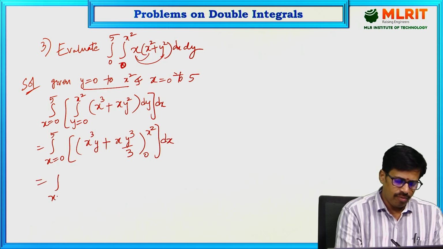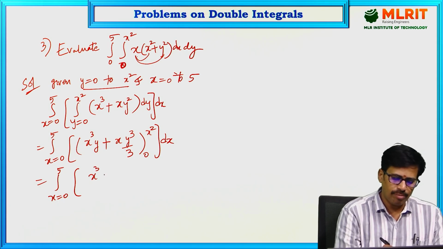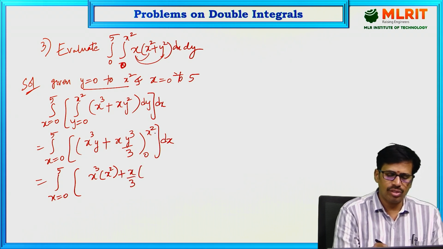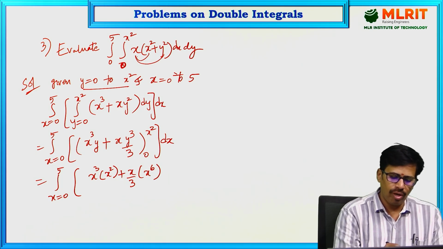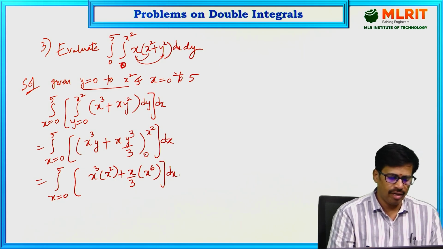Substituting the upper limit x square for y: x cube into x square, plus x by 3 into x square whole cube, that is x power 6, minus the lower limit, which is 0.